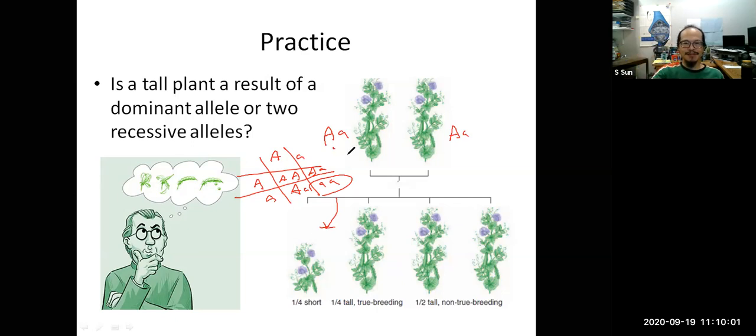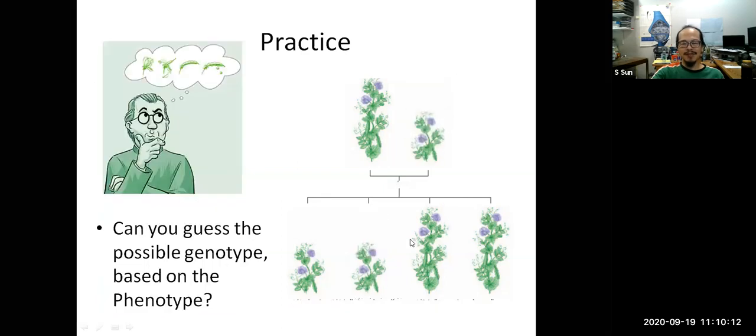And how about this one? So let's clear it out. How about this one? So if we have the experiment like this, what's the genotype of the parents?